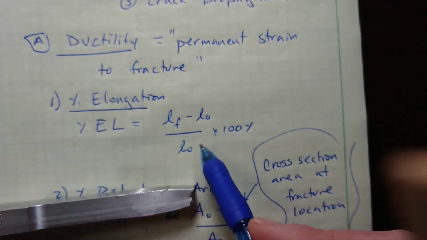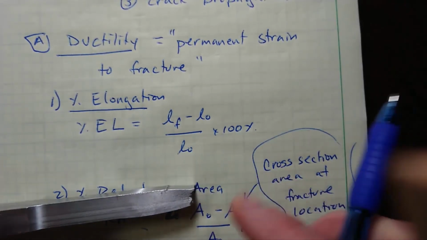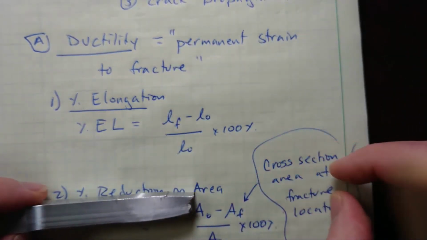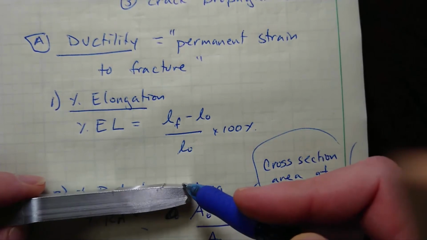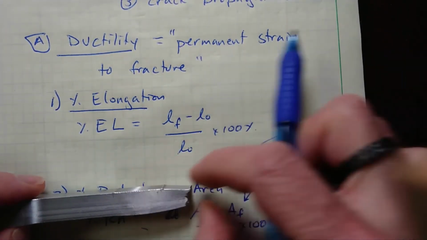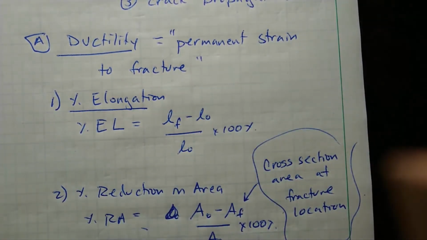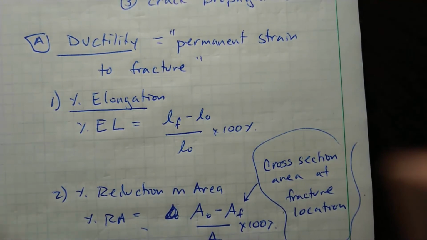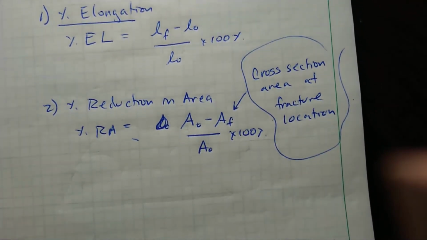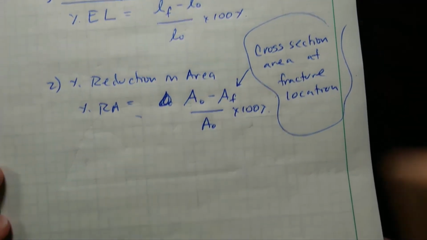So percent elongation is really only a good measure of ductility if the deformation is uniform along the length. Since necking makes the deformation non-uniform, it's not such a great thing to use, but sometimes it's all we've got, and we make the best we can of it.